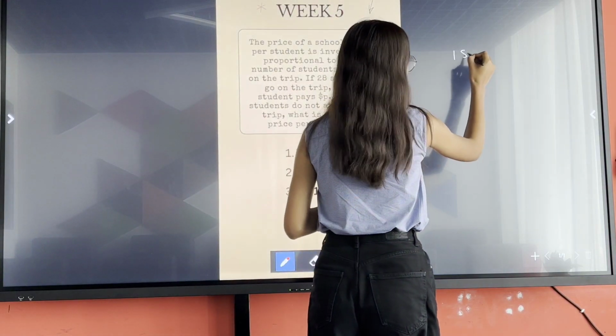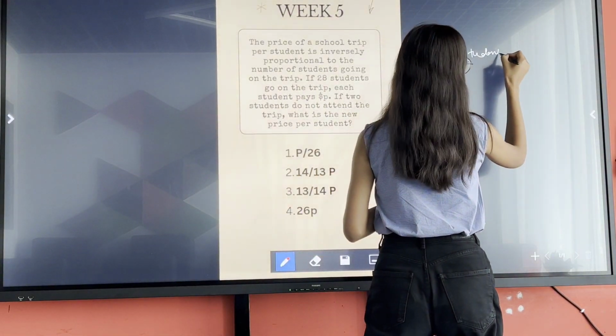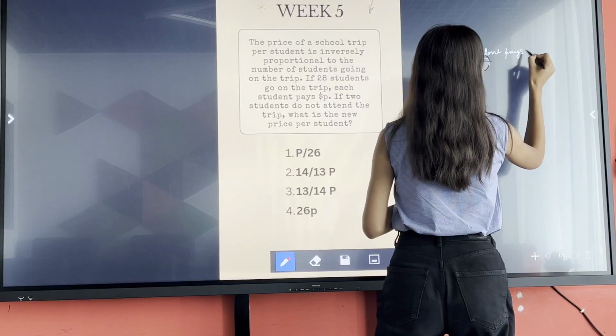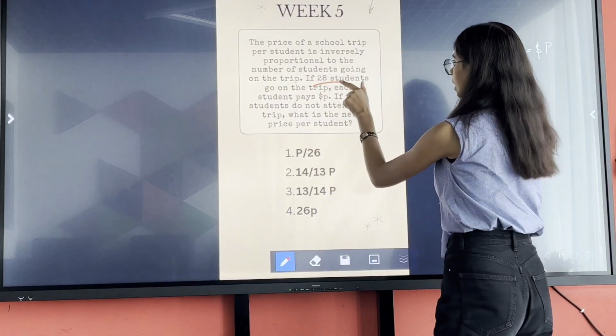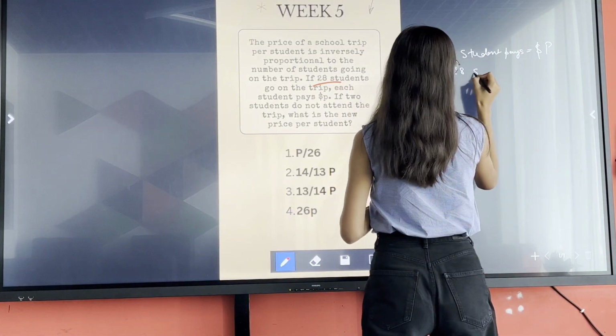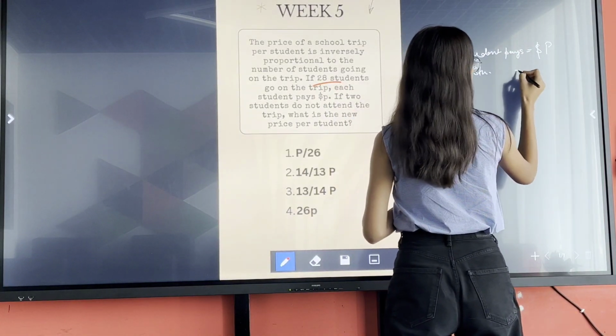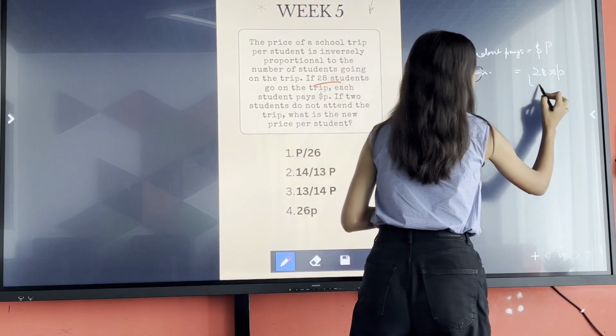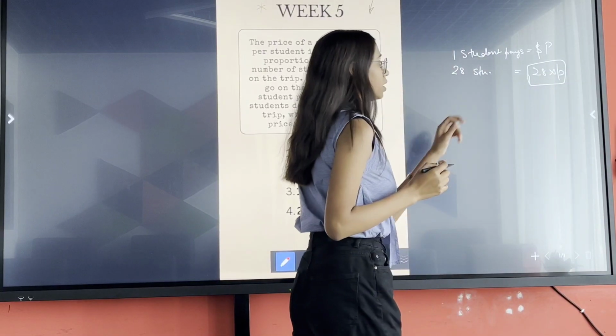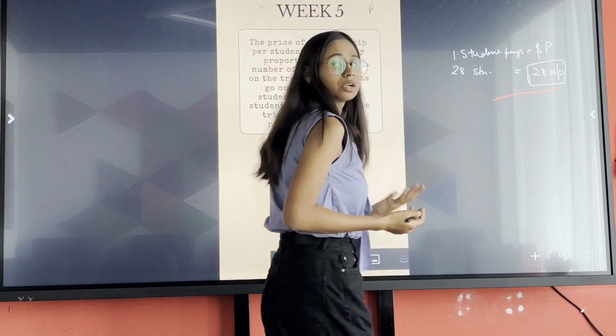One student pays $P. Now, how much will 28 students pay? 28 into P. Now, this is the total cost that is going to be paid, or going to be used in the trip.